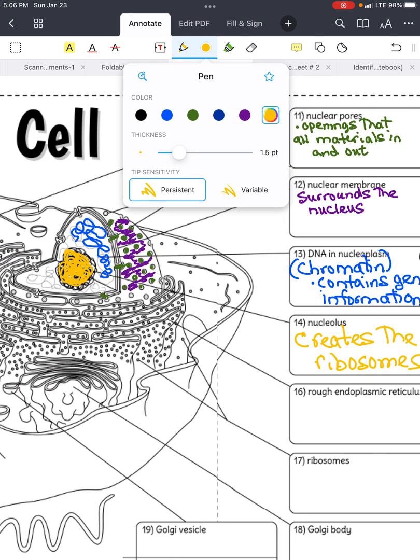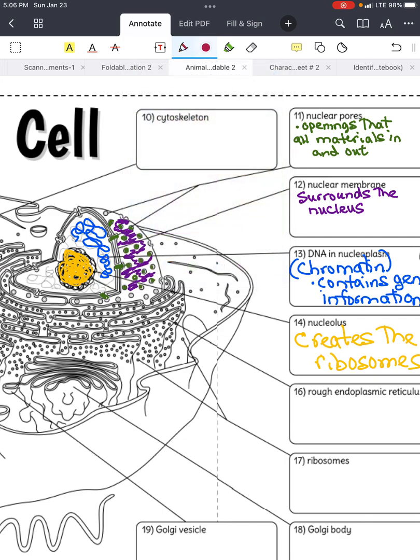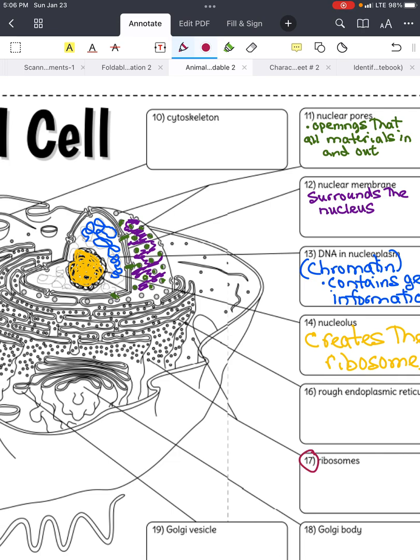So then, if we move down, we have the rough endoplasmic reticulum. But let's do the ribosomes first. Number 17. Ribosomes are all these tiny little dots, even the ones in the cytoplasm here, the cytosol. Now, I don't expect you to spend time coloring all these dots.